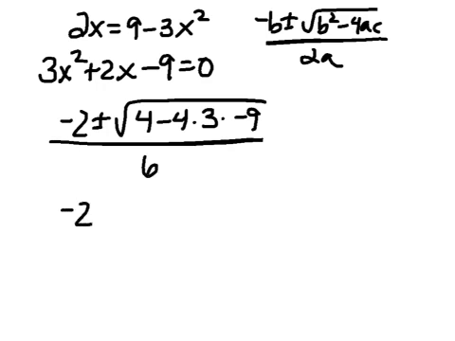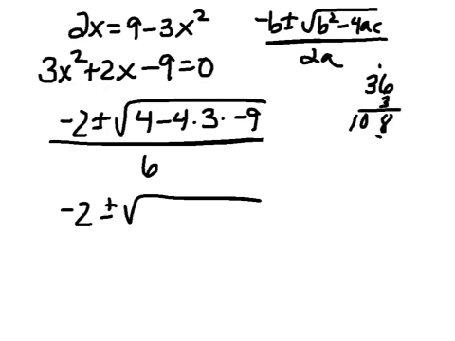So negative 2 plus or minus the square root of, 9 times 4 is 36. 36 times 3 is 108. Plus 4 is 112.